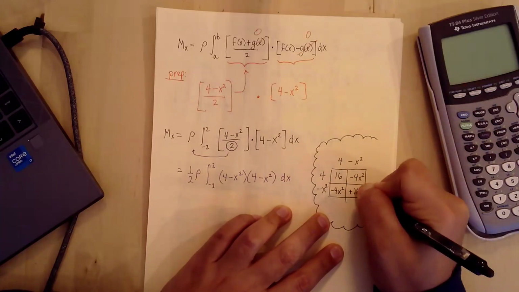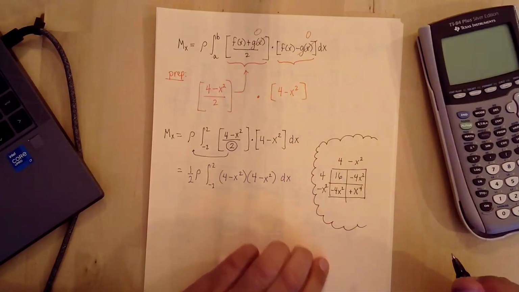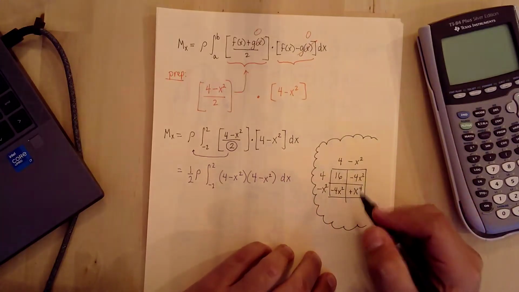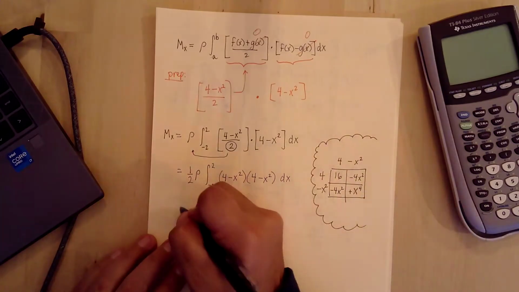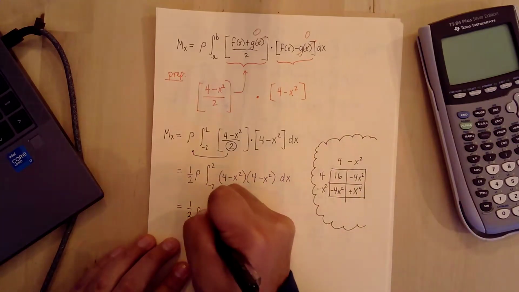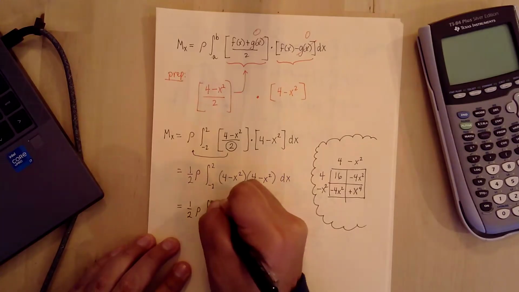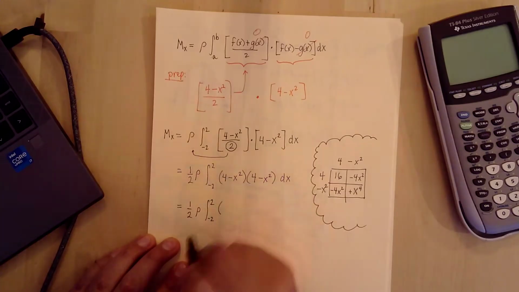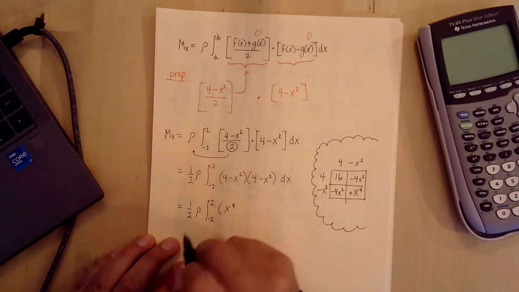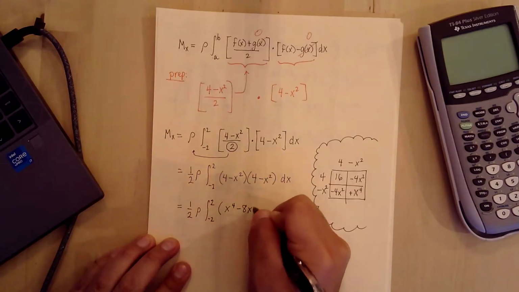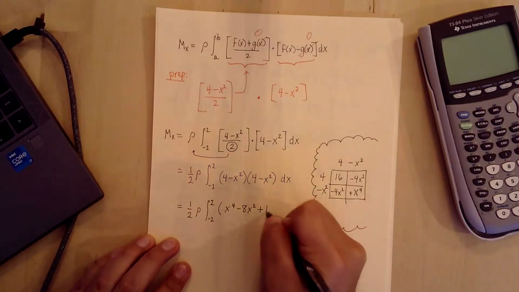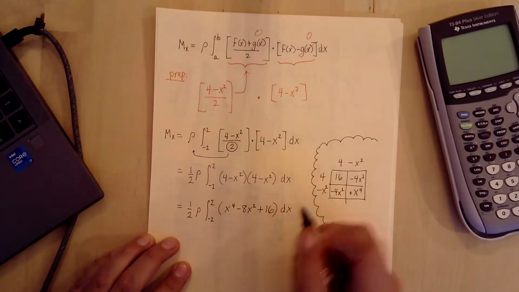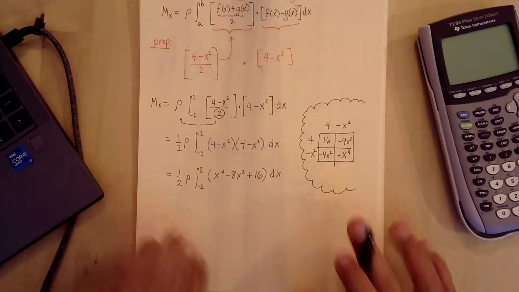Since we have like terms, that means this integral is really 1/2 rho, integrating from -2 to 2 of x to the 4th minus 8x squared plus 16 dx. And that's just a nice polynomial that we can integrate now.